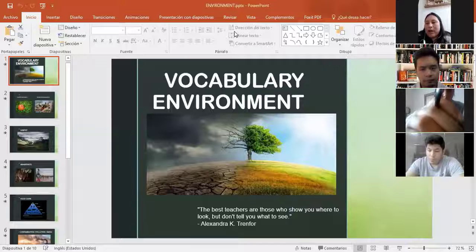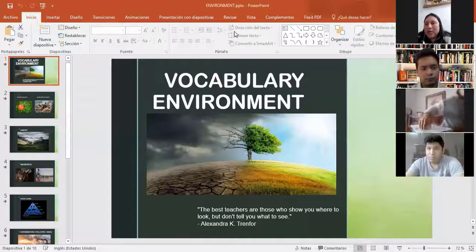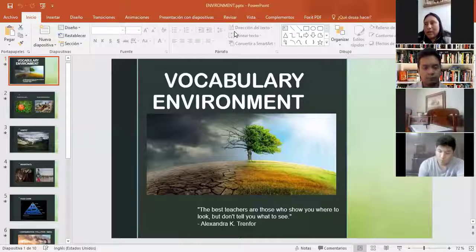For example, when I talk about recycle, reduce, and reuse, I think that if all people keep this in our heads, we can conserve the environment in a better way.